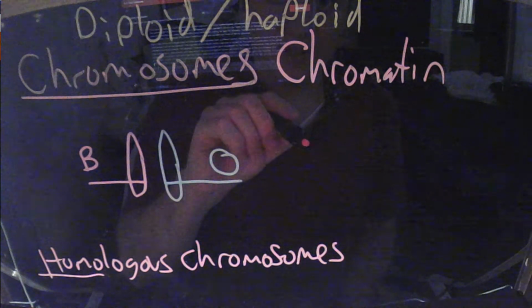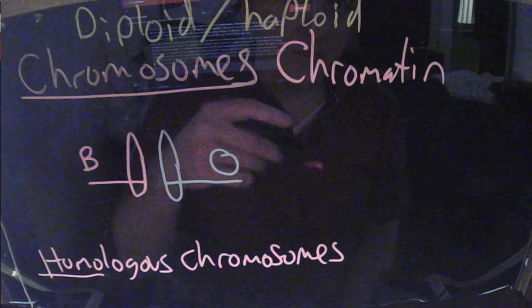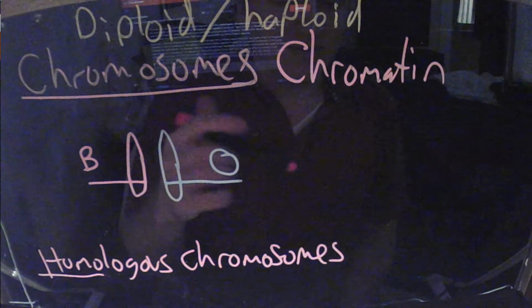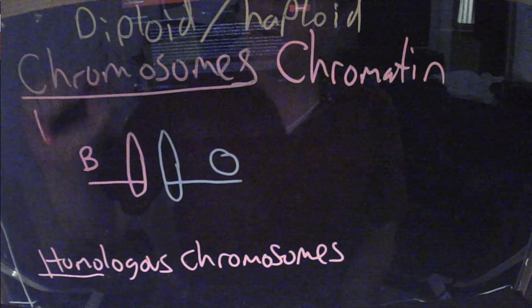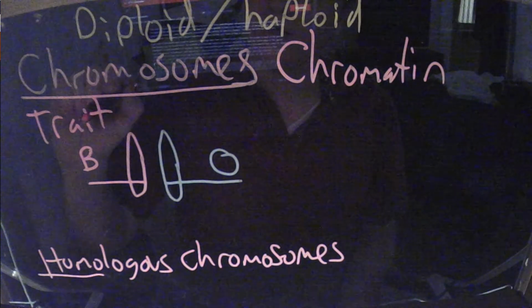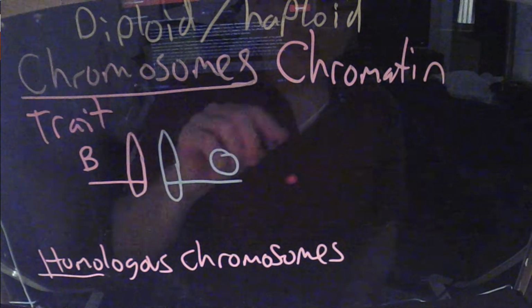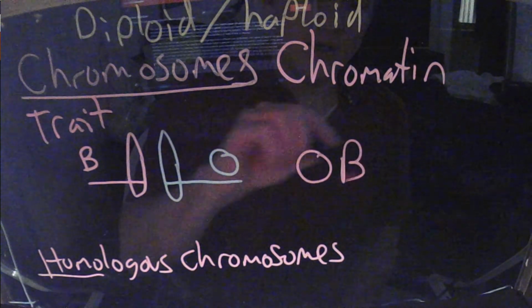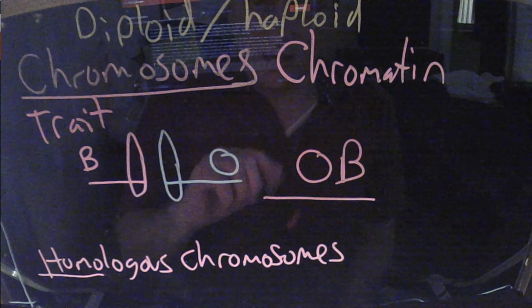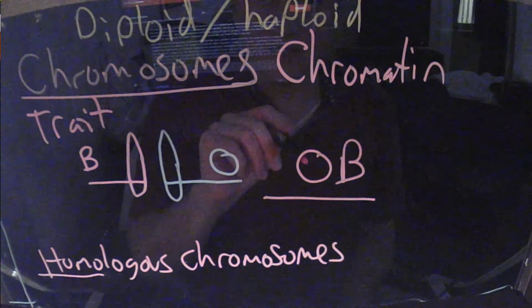And so my particular trait, the characteristic that I have from my genes, I'll put trait up here, that's a term you should know, is I am type B blood. The O doesn't count, and we're going to circle back to this.